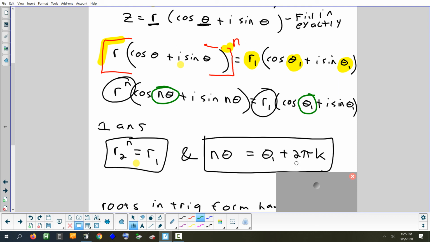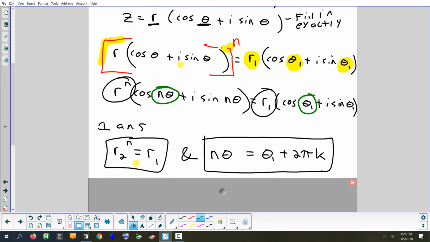Now, I'll do the first problem with you guys in radians. After that, I'm going to do degrees because it just makes the numbers easier. And that is basically your format. This tells you how to get the radius for your answer. This tells you how to get the angle. And that will have multiple answers.